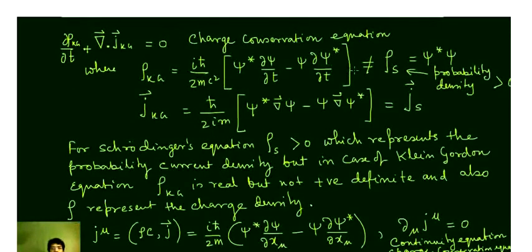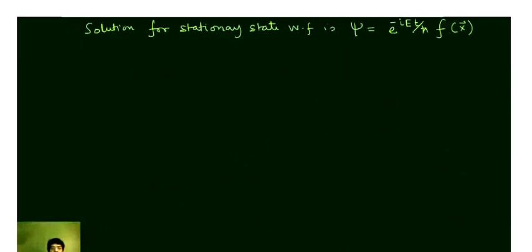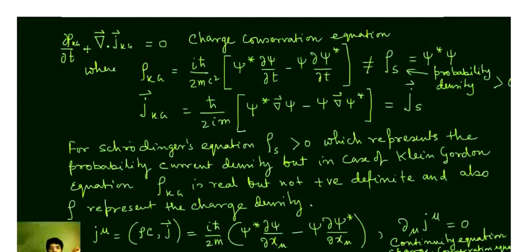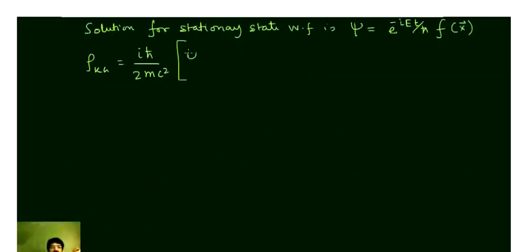Rho Klein Gordon is i h cut by twice m c square, psi star del psi del t minus psi del psi star del t.